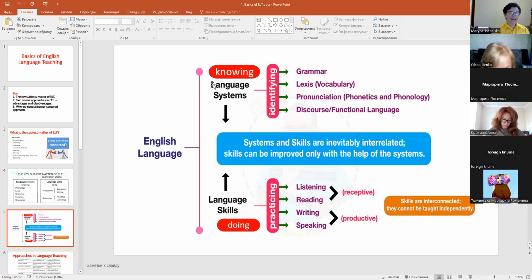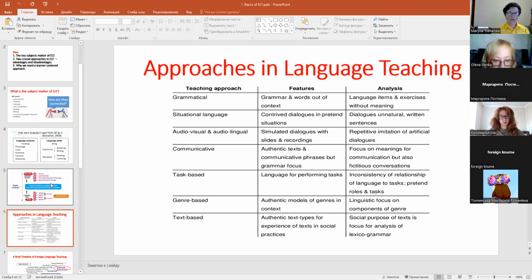So actually, systems and skills are interrelated. We can't say that we can teach systems without skills or skills without systems, but through this interconnection we actually teach the language. And this is quite a recent view of language teaching.